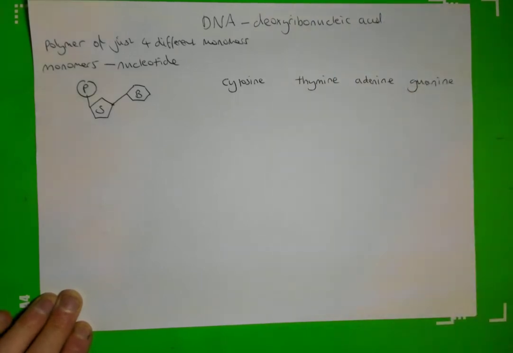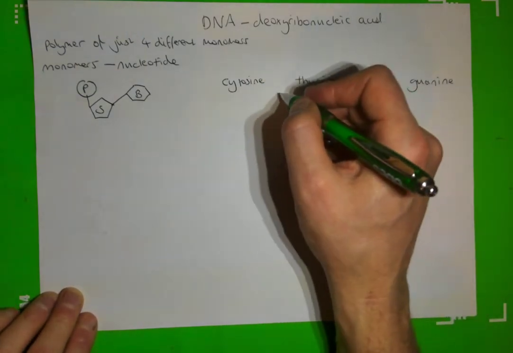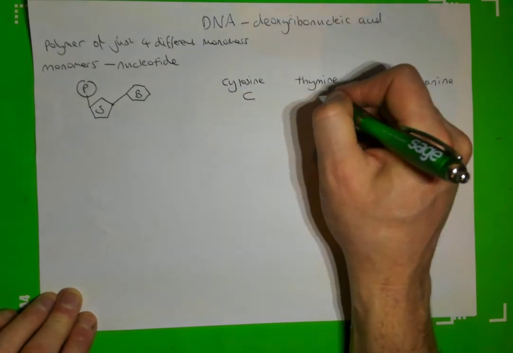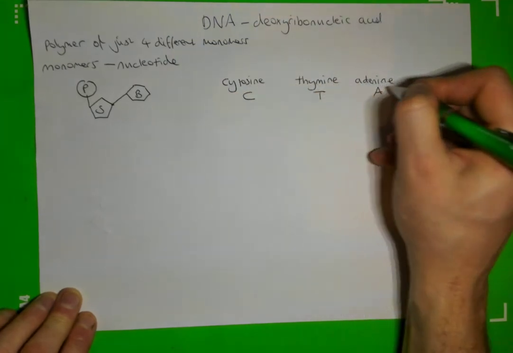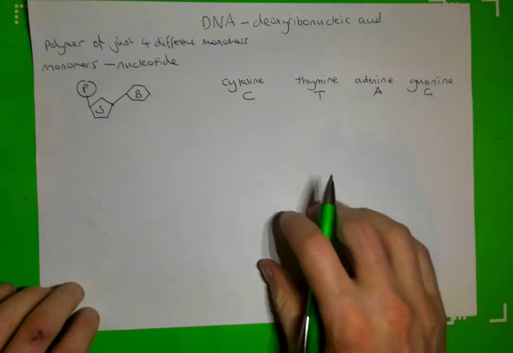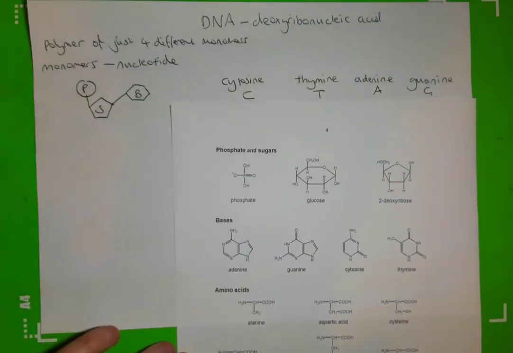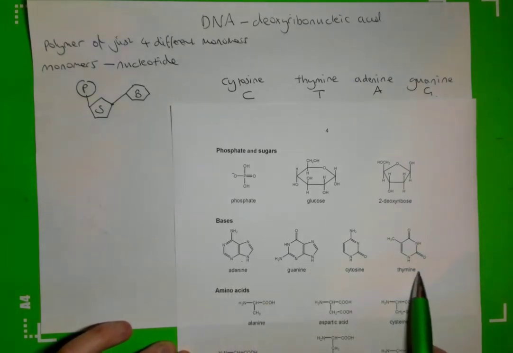Now you don't need to know the structures of those because they're given on the data sheet. Cytosine is often given the letter C, thymine a T, adenine an A, and guanine a G. On the data sheet they look like this: adenine, guanine, cytosine, and thymine.